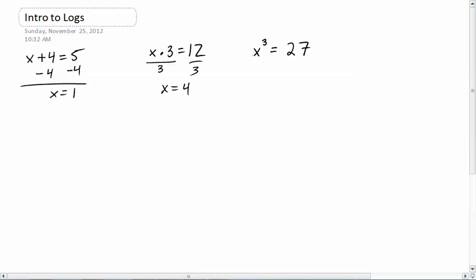The opposite of doing something to the third power, well, you could do the 1/3 power, or you could do the third root, and you don't freak out. The third root is the opposite of the third power, right? So you do the third root of both sides, and we get x equals 3.